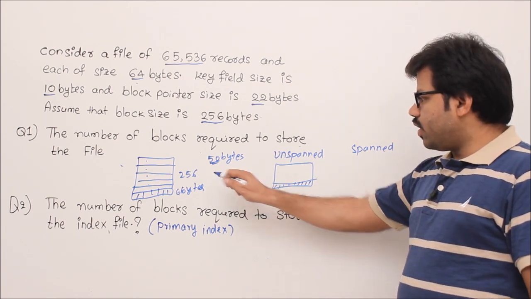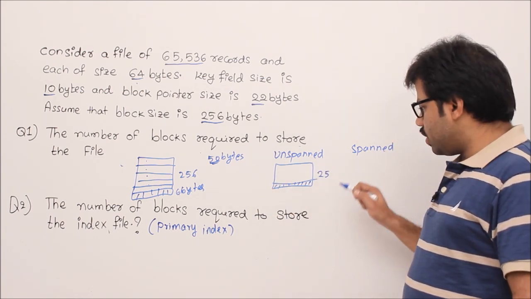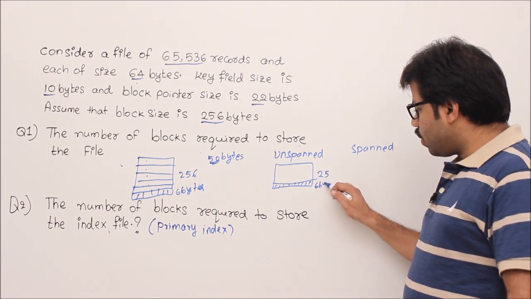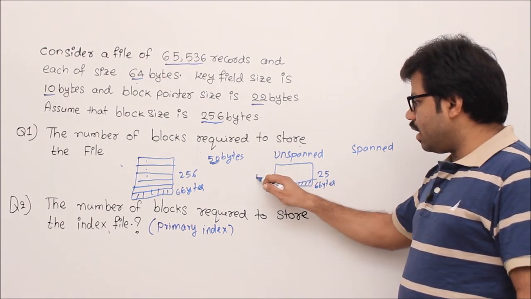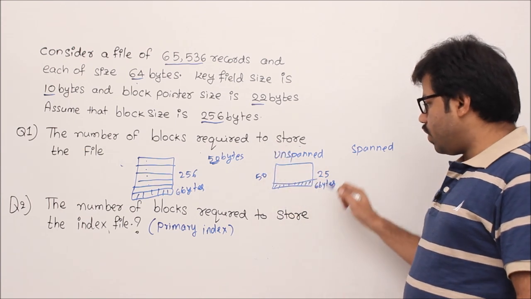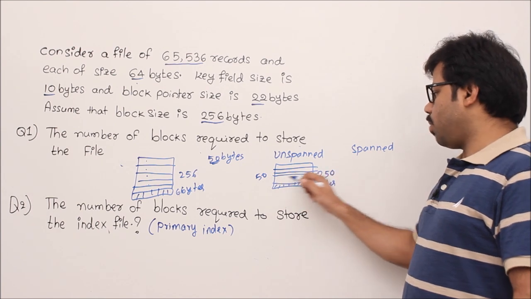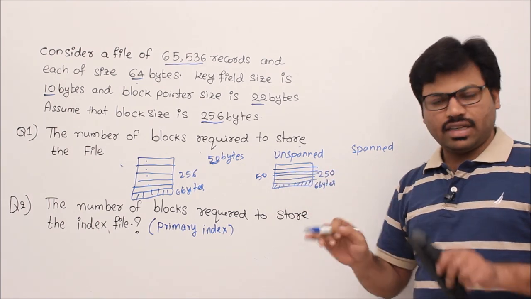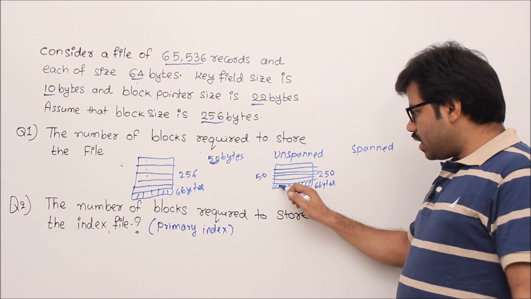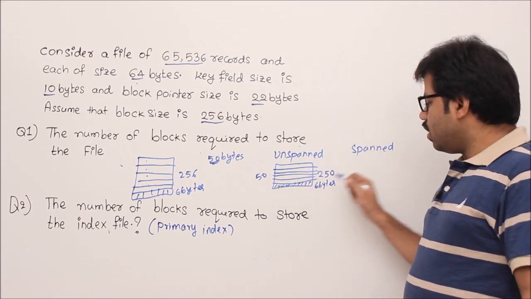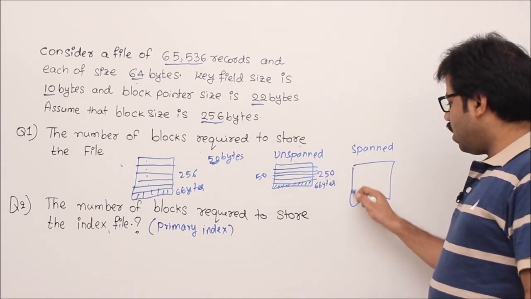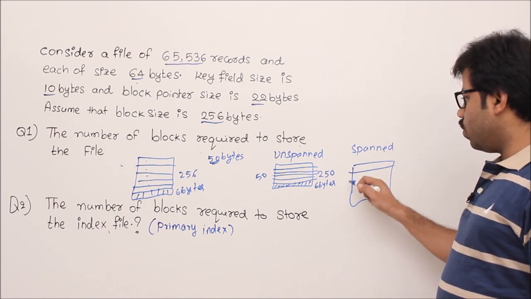Example, let's say your data block size is 256, but this 6 bytes I cannot use, because in my file the record size is 50 bytes, so I keep only 5 records. Then this 6 bytes we keep aside and simply say that it is invalid data.